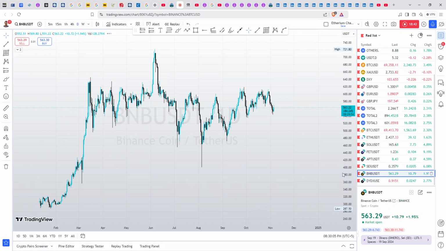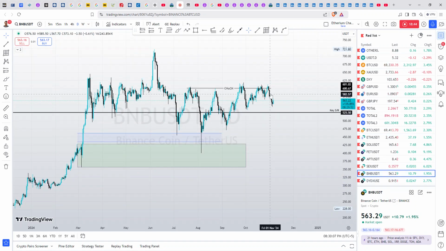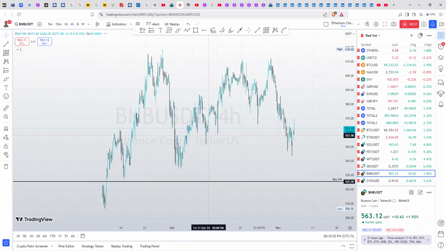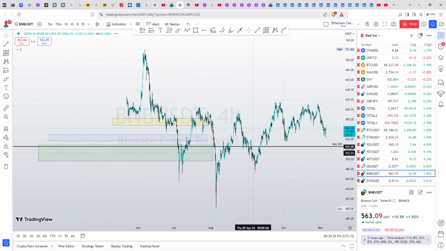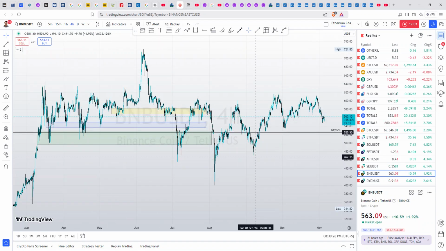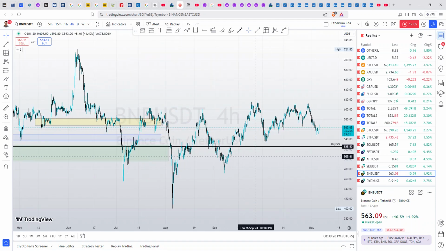But what about BNB? BNB is moving in a range, and when a coin is moving in a range, it would be following some range concepts. So if you go to smaller time frames, as I said, it is following a range, not just a range but a break of structure as well.